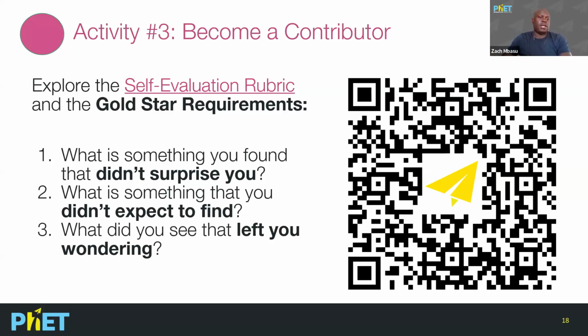So as you go through that self-evaluation rubric, think about these three questions. What is something you found that didn't surprise you? What is something that you didn't expect to find? And lastly, what did you see in that self-evaluation rubric and the gold star requirements that left you wondering?